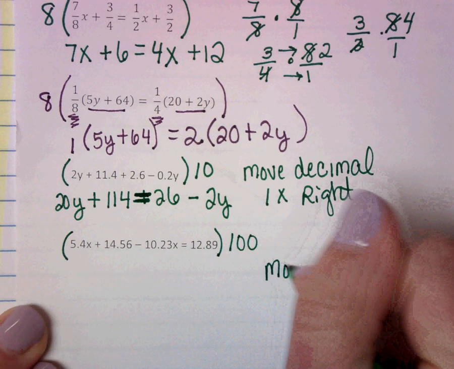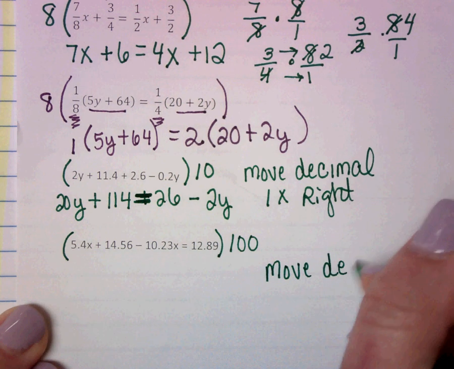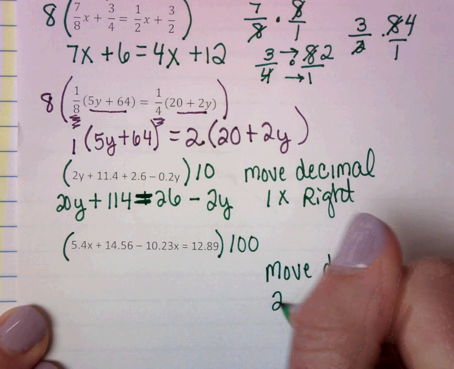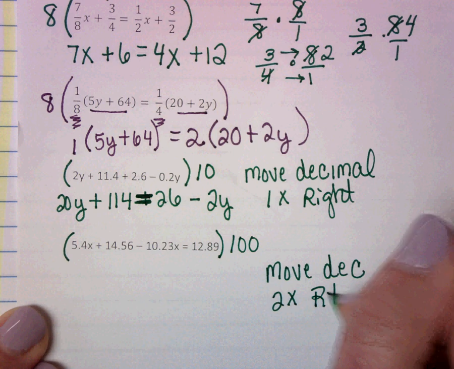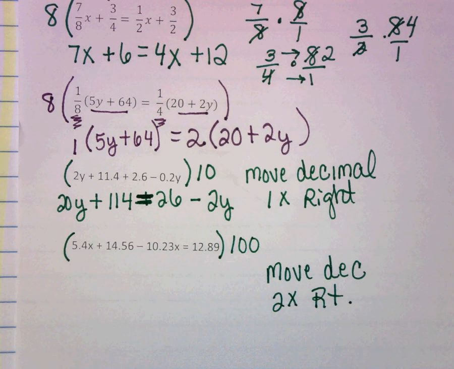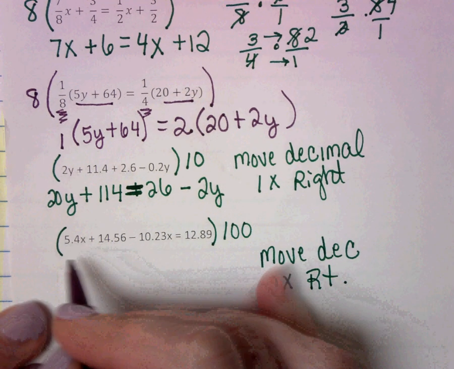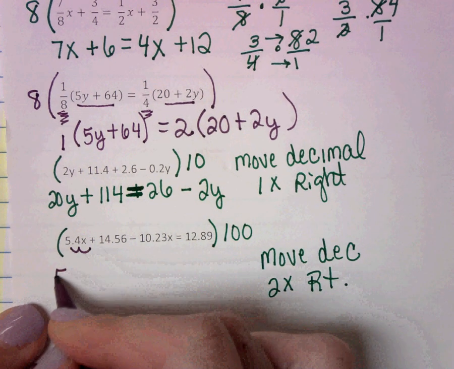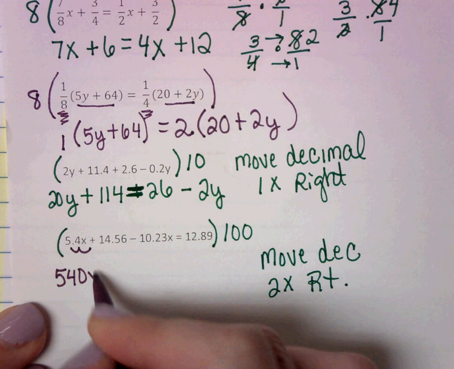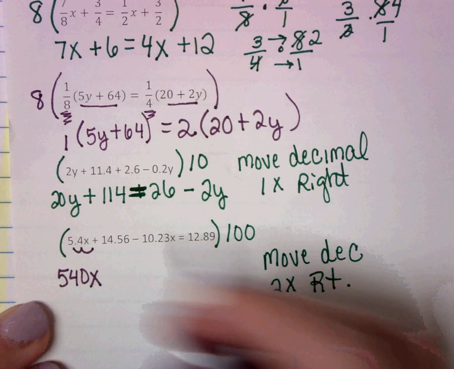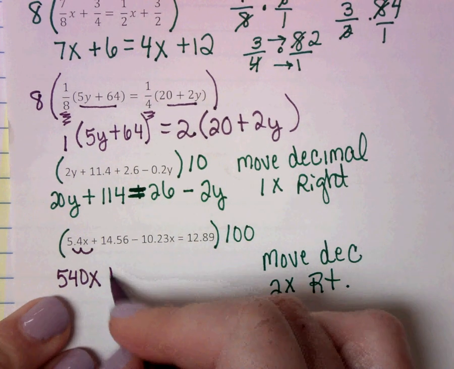If I multiply by 100, that means the decimal is going to move 2 times to the right in each of our terms. So right here, 2 times to the right, 1, 2, would be 540x. So we've made some big numbers now, not so great, but that's okay.